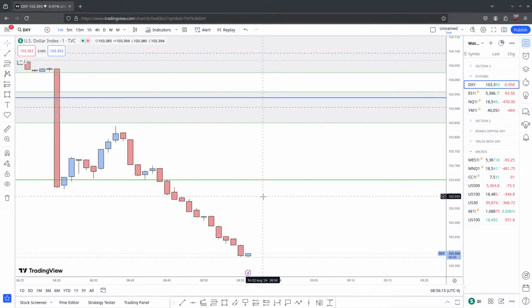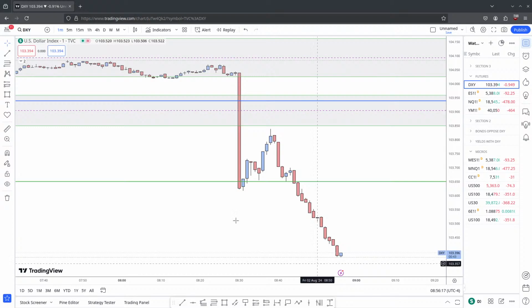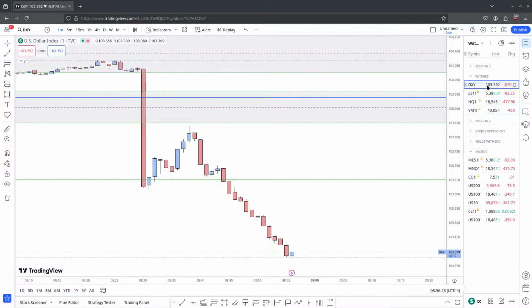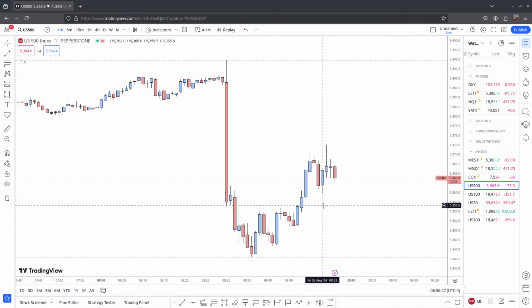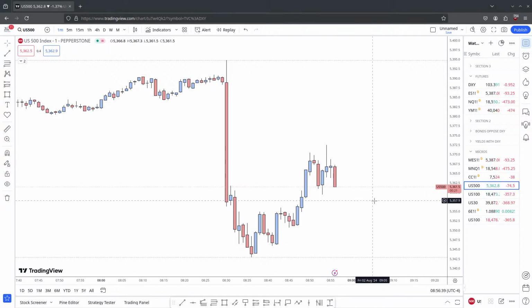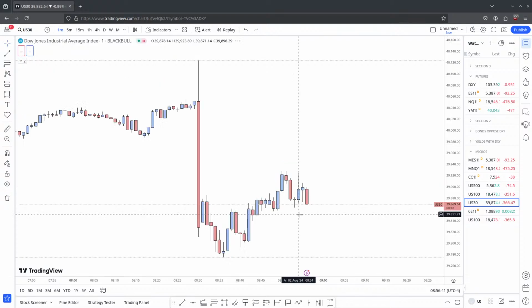Show you guys the dollar index. Really dropping off. Really, really nice. Really clean. US 500. US 30.